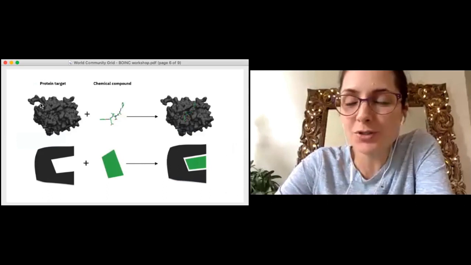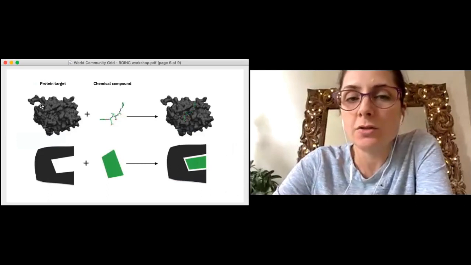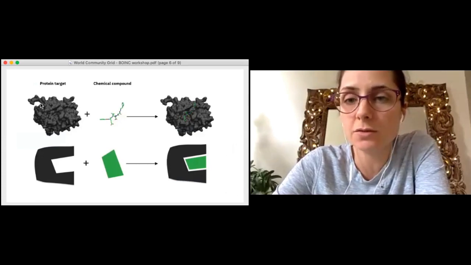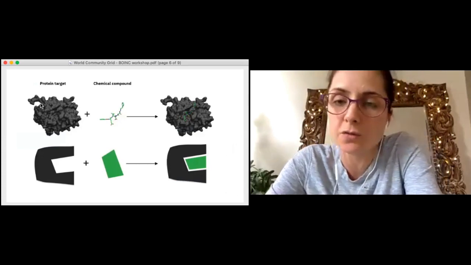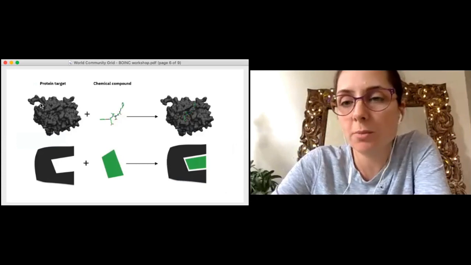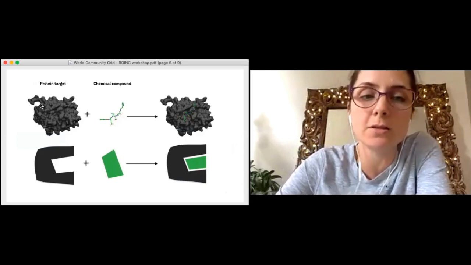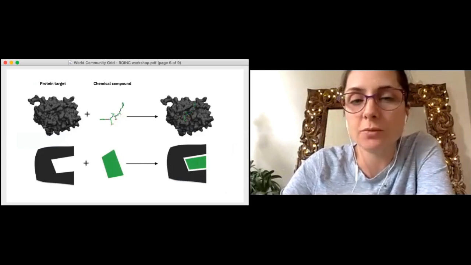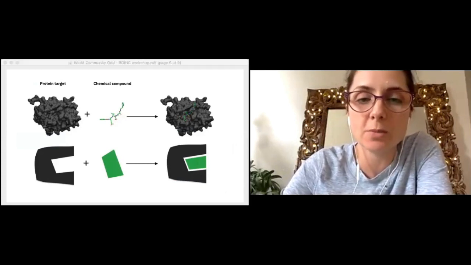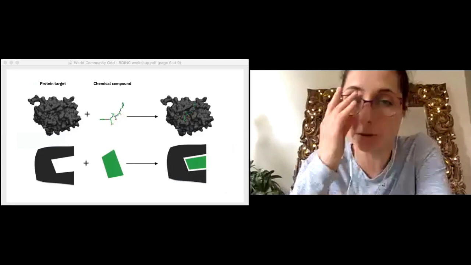So again, similar to what was described earlier, to design a drug, you really need to understand the structure of a protein that's key to the virus, in this case SARS-CoV-2, and then come up with a chemical compound that can fit or bind to that protein, therefore stopping it from doing its job and hopefully stopping the virus from getting any further.